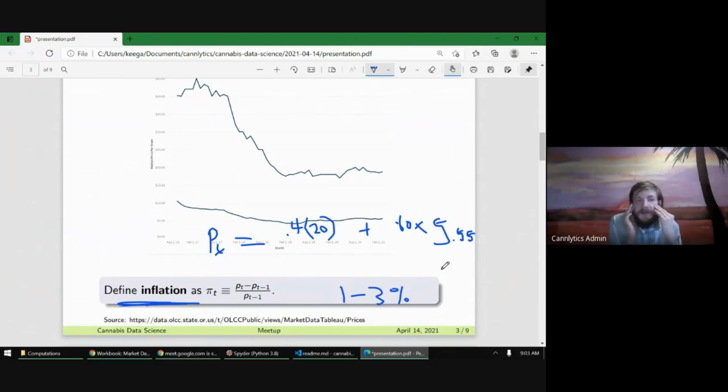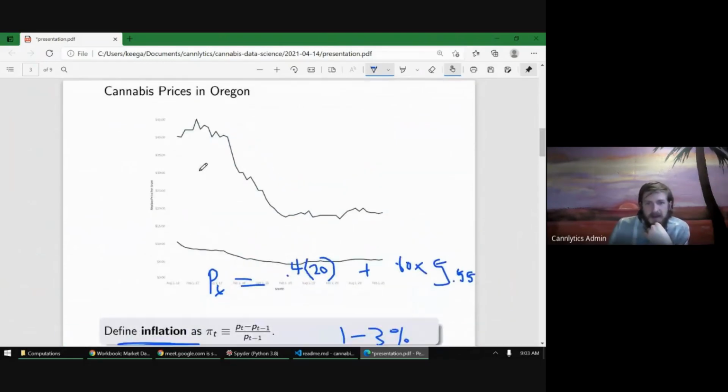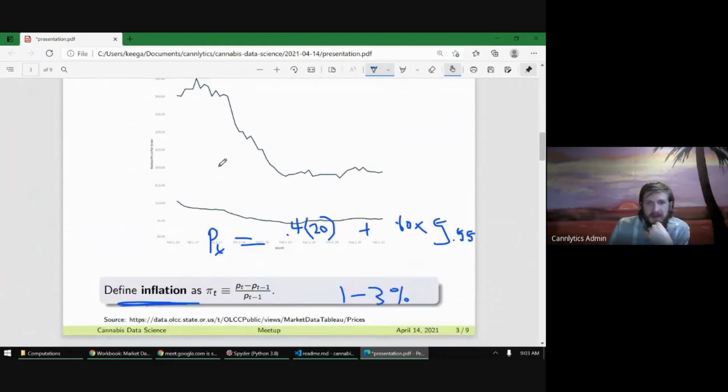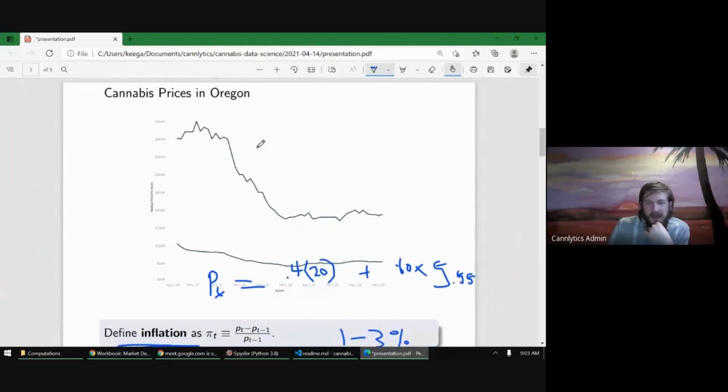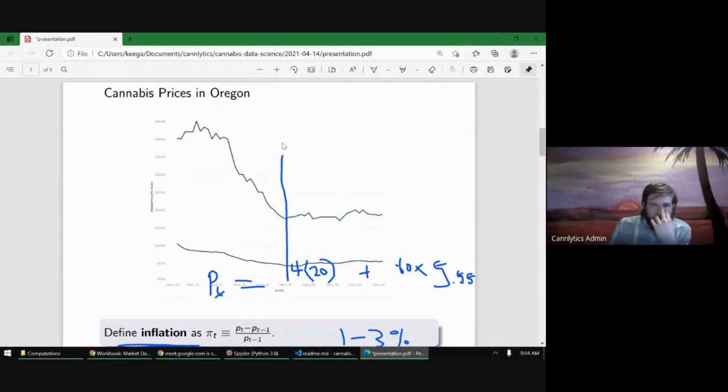So it would just be real interesting to see what the inflation rate is in the cannabis industry. And like I said, interesting. You could almost do a time series analysis, and you'd basically see, is there a difference?